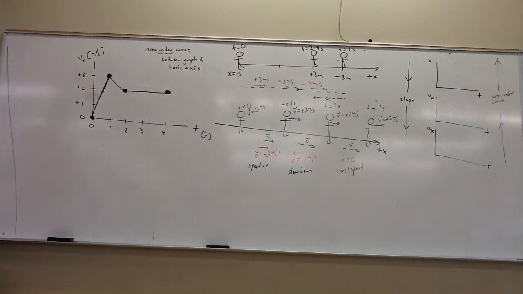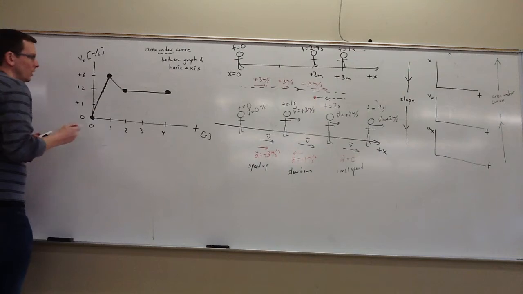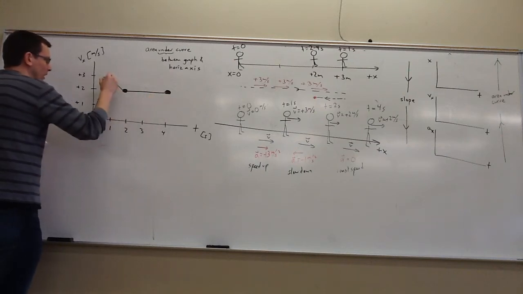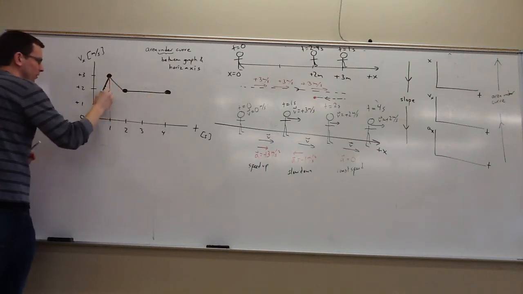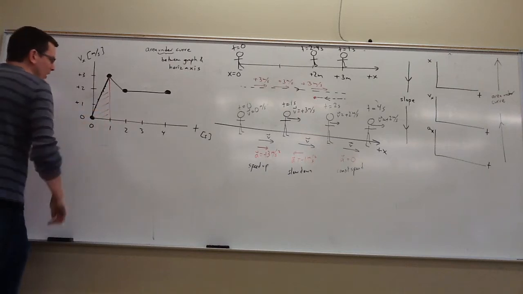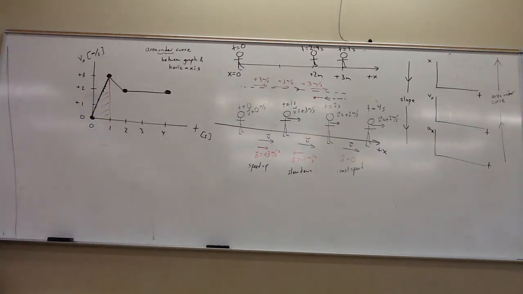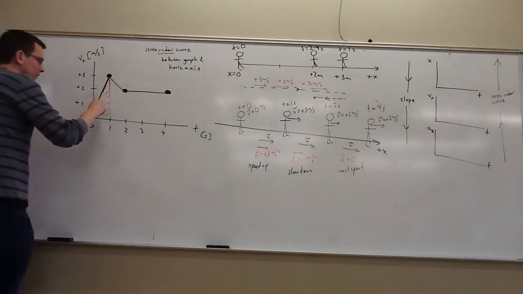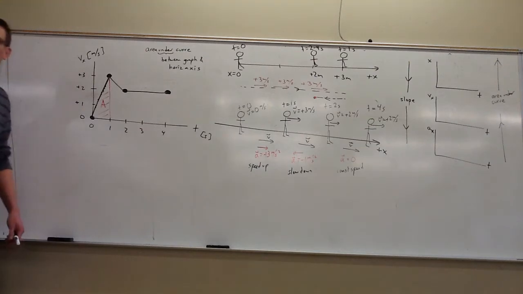Let me mark off these areas. The area, of course, can be broken up into bits. This right here is the area under the curve during the first second. It's trapped between that line and the horizontal axis. I'll label this A. That's the area under the curve in the first second.